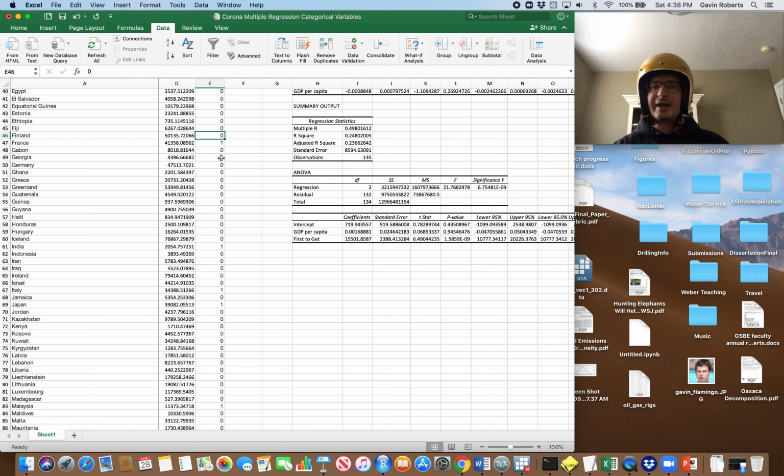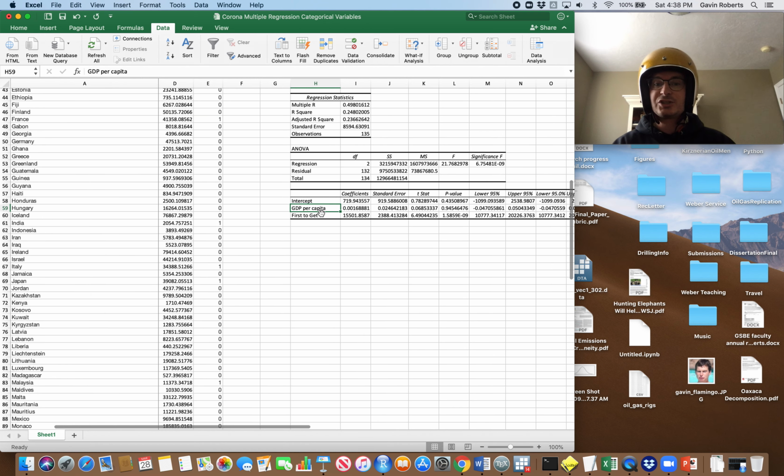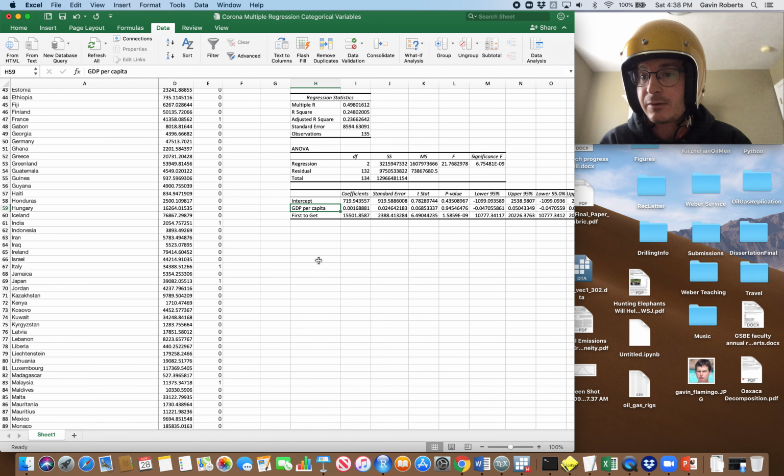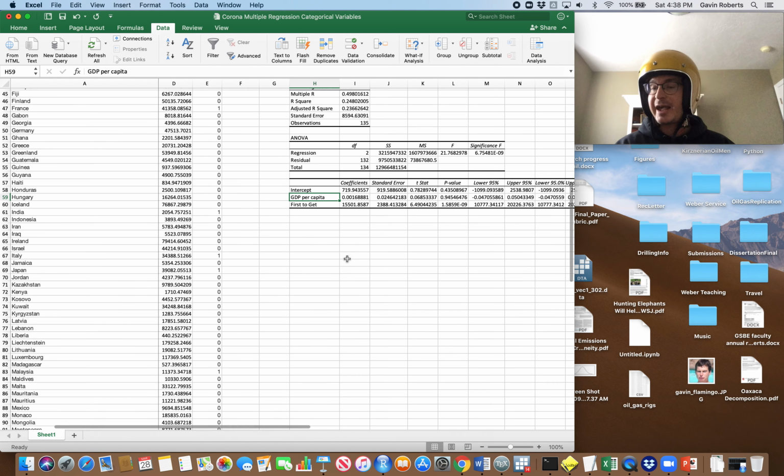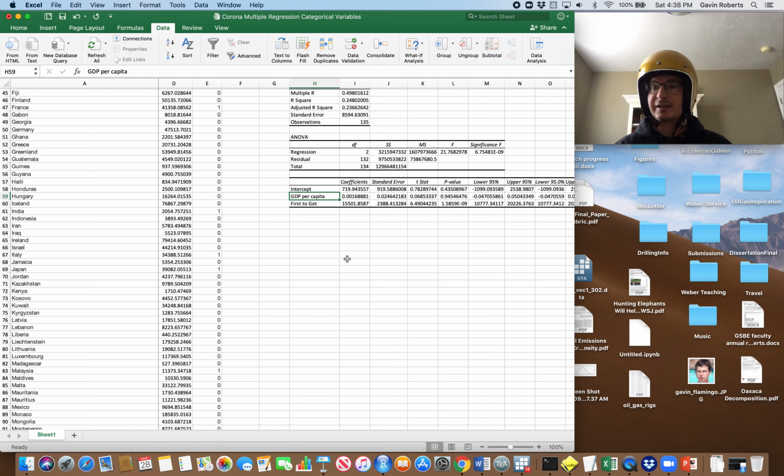The only way it can increase by 1 is from going to a country that was not one of the first to get to a country that was first to get. So a simpler interpretation would be something like: holding GDP per capita constant, on average, countries that were the first to get have about 15,500 more cases.